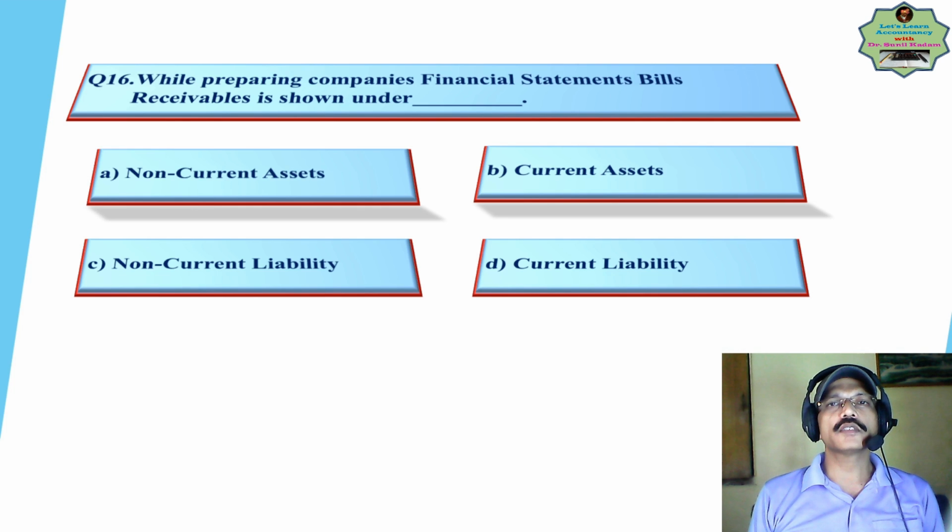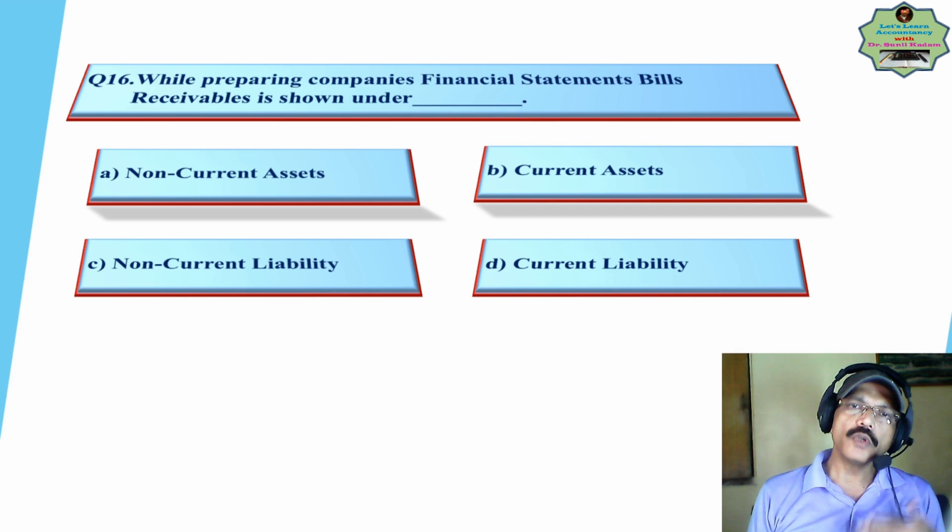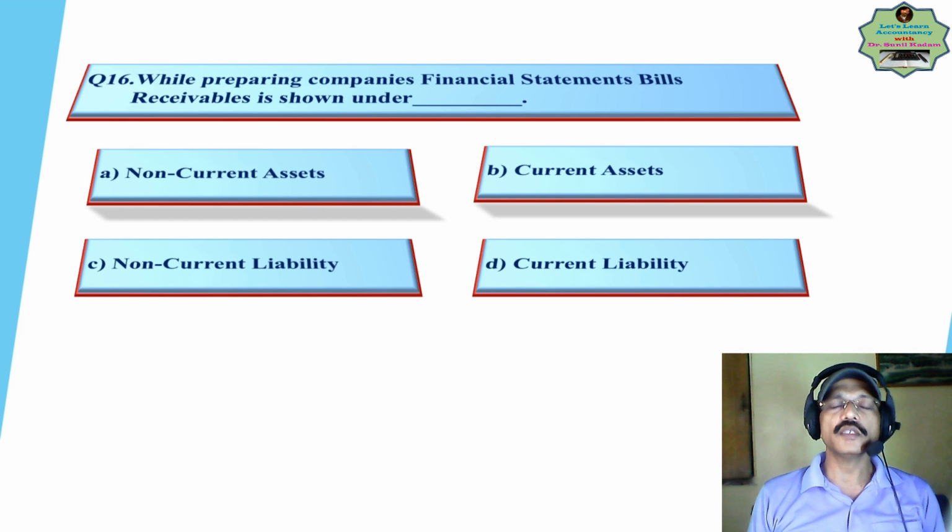A current asset is an asset which is going to be converted into cash or sold within 12 months, and non-current is which is not going to be converted into cash or sold or change its nature within the given operating cycle.